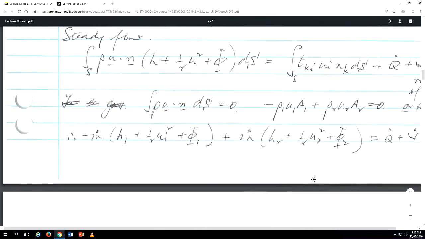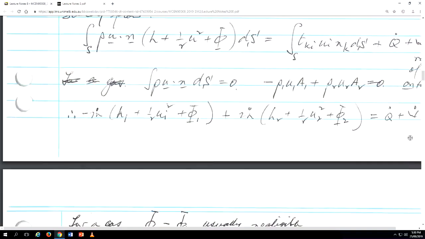So this equation here would be minus m dot (H1 plus a half U1 squared plus the potential energy), and plus, on the downstream condition, m dot (H2 plus a half U2 squared plus Phi2), equal to the heat supplied to the volume plus the work done in the volume, W dot.